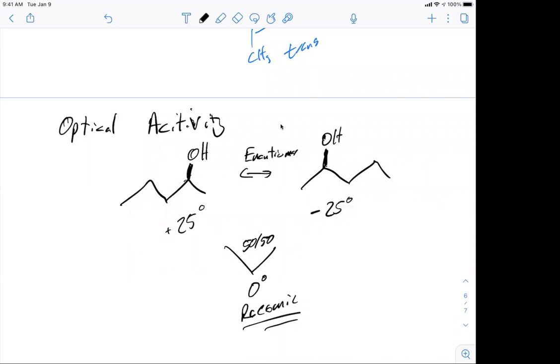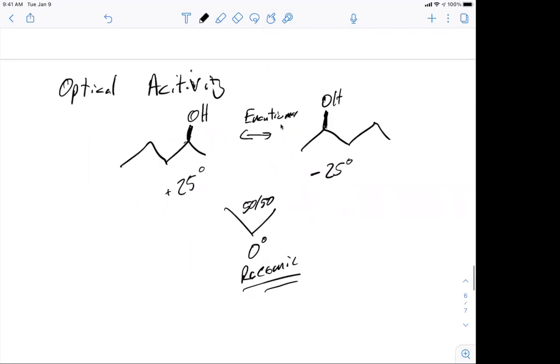So you could take a material that was optically active, go through, let's say, an SN1 reaction that has a racemic product, and then all of a sudden your optical activity would go to 0. There are ways to calculate this if you get into advanced chemistry, but really what you need to understand is that optically active compounds have a very specific optical rotation, and that optical rotation is important.